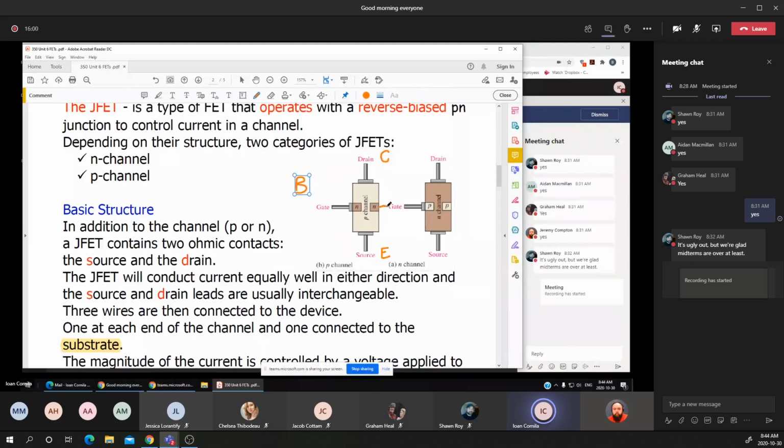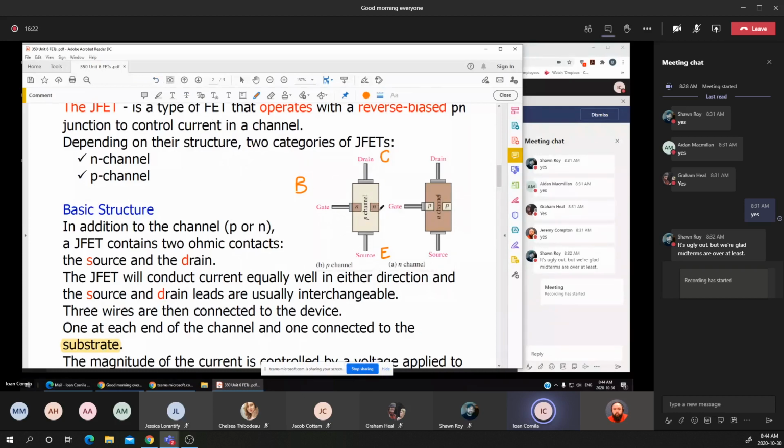That's the purpose of a simplified representation, but physically there is a connection between the two N semiconductors. That's done internally in the semiconductor.